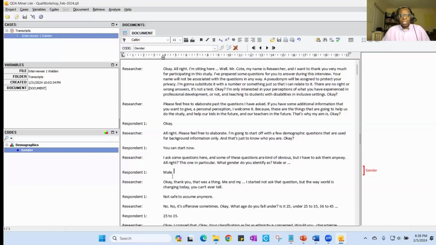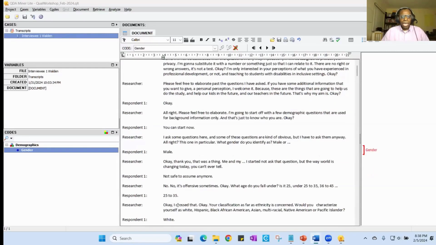If that makes sense, type in a Y. If that does not make sense, type in an N. Okay, great. So now we know that the next question is related to age. So then we're going to come down and we see that age is there.